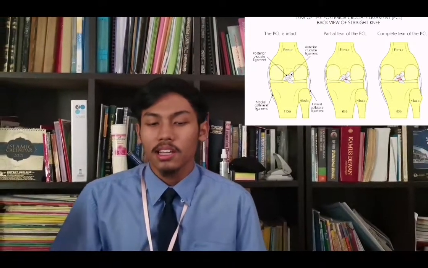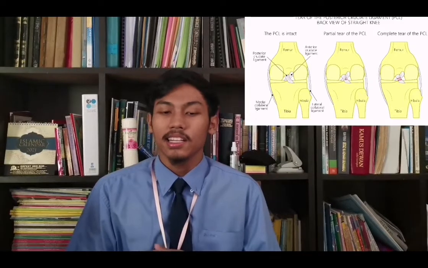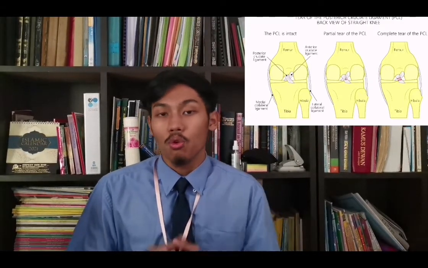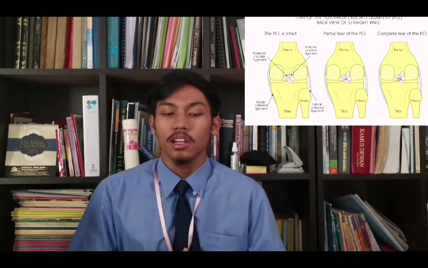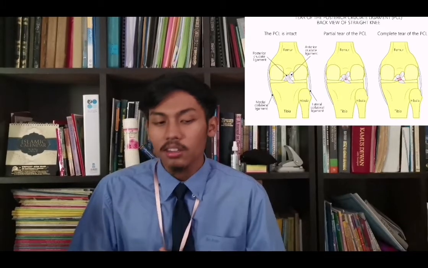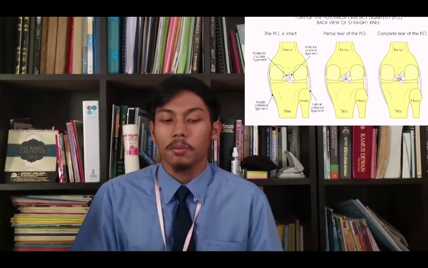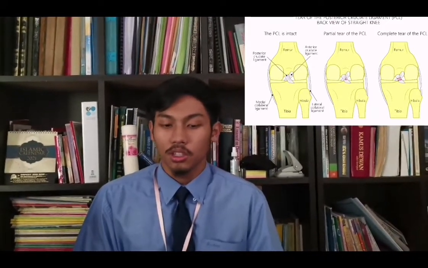Next, what are the different types of ACL injury or tears? ACL injuries are commonly classified in grades of 1, 2, or 3. Grade 1 injuries include ACLs that have suffered mild damage. For example, the ACL is mildly stretched but still provides adequate stability to the knee joint.